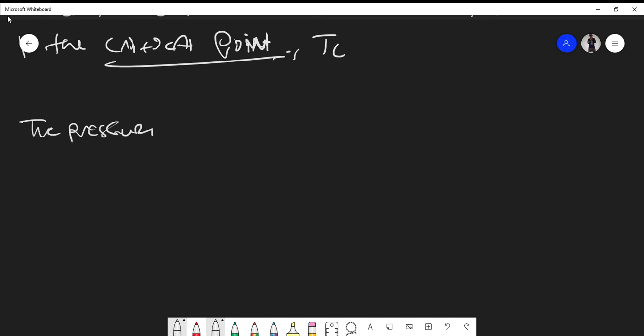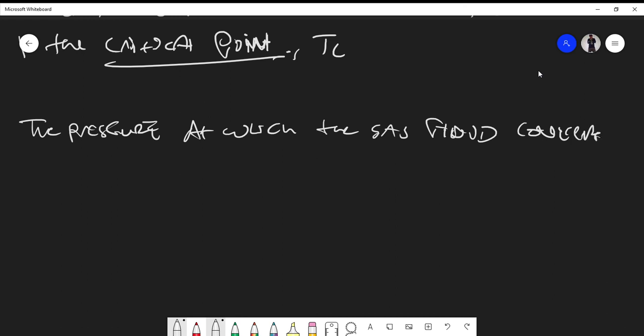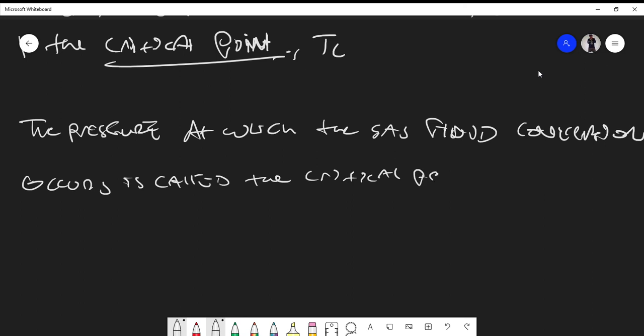The pressure at which the gas-fluid conversion occurs is actually called the critical pressure, PC.